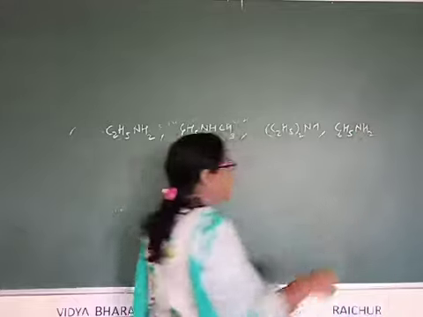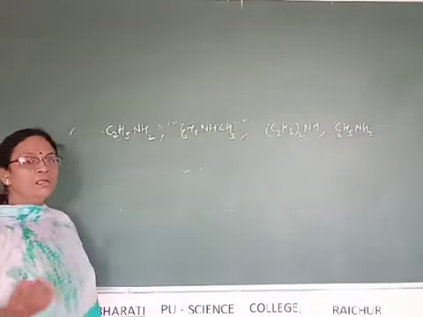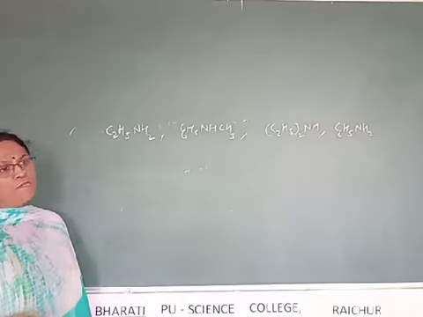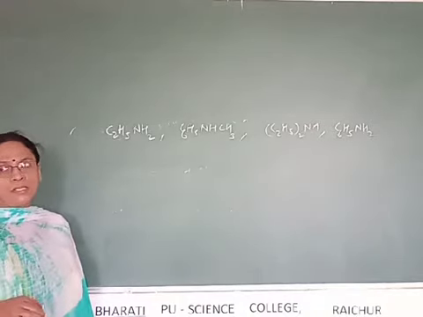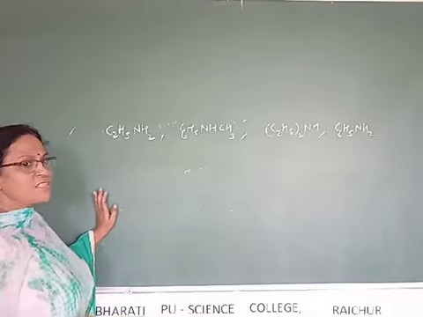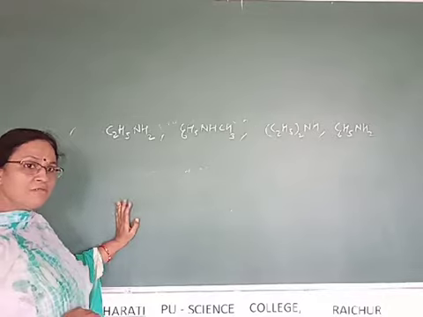You have to arrange them in decreasing order of pKb value. Now you know that decreasing order of pKb means increasing order of basic strength. Lesser the pKb, higher will be the basic strength. So the one which has maximum basic strength, you have to put in the last, because it will have the least pKb value.